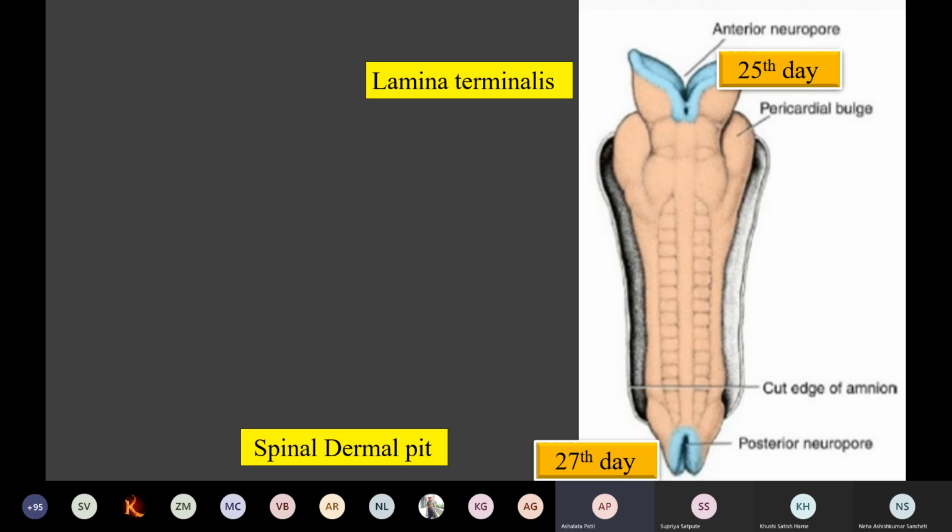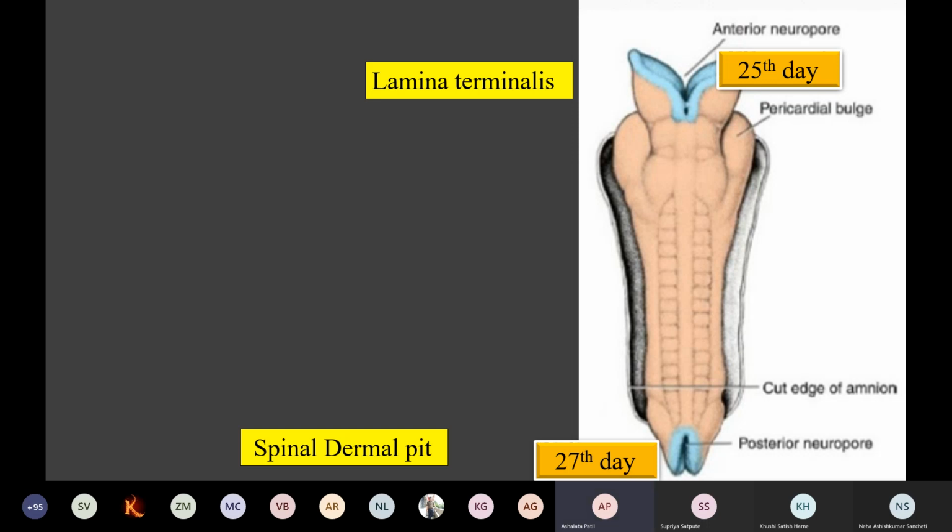It is a membrane you will see when you pull down the optic chiasma; it extends from the optic chiasma upwards to the tubercle at the anterior end. This lamina terminalis, just cranial to the optic chiasma, forms the anterior boundary of the 3rd ventricle. So that is the site of the anterior neuropore.